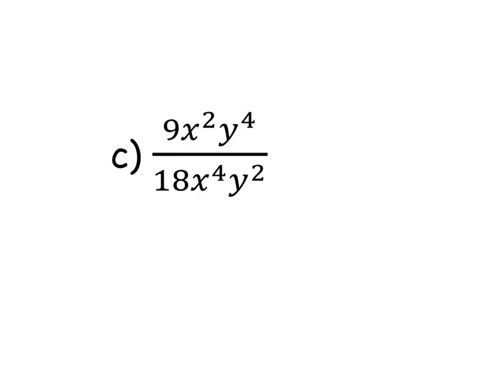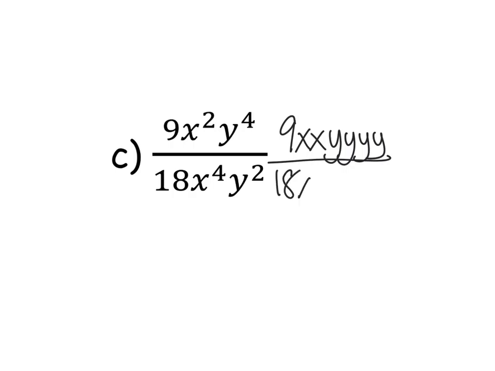All right, C. I think expanding it is easiest, so I'm going to continue to do that for you. X, X, Y, Y, Y, Y over 18, 4 X's, 2 Y's.